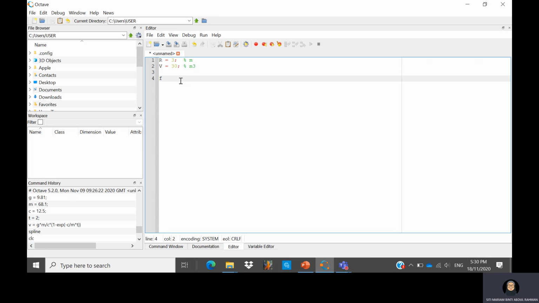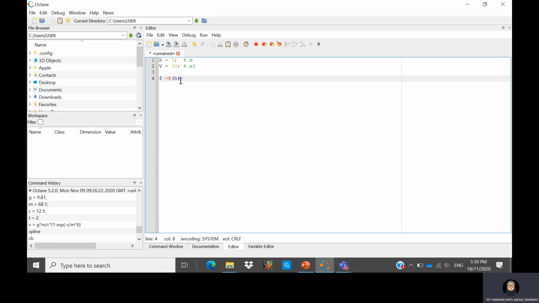If you want to key in the function, you can change the variable within the function, so you have to key in terms of this.